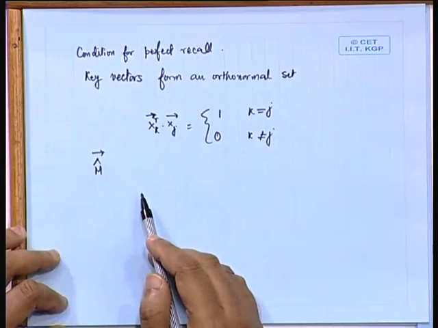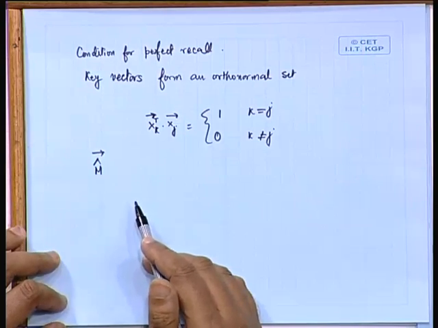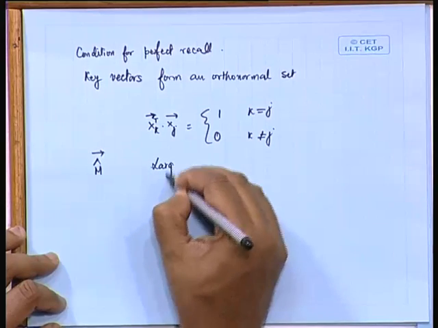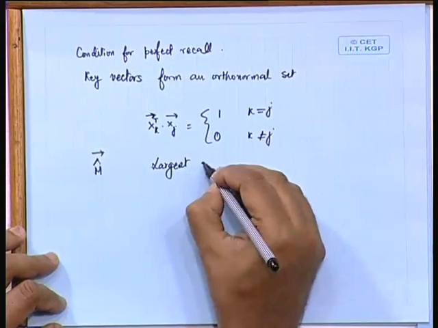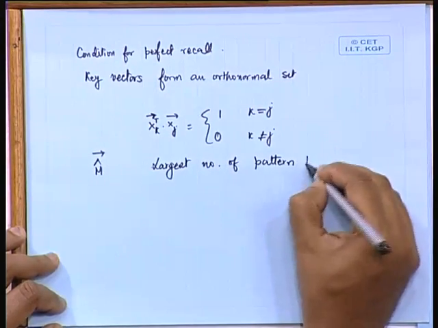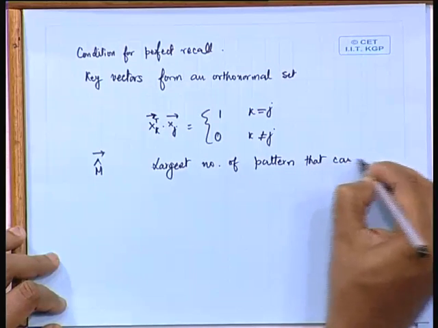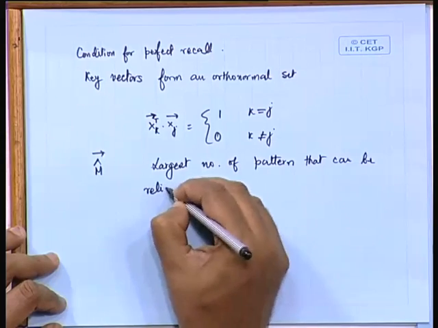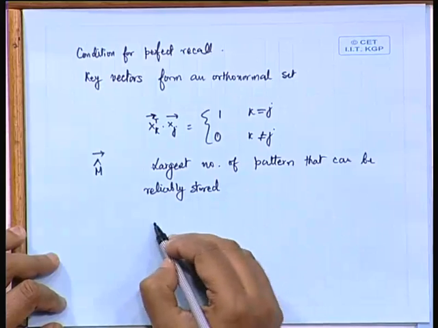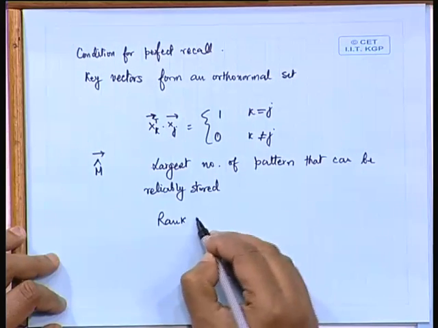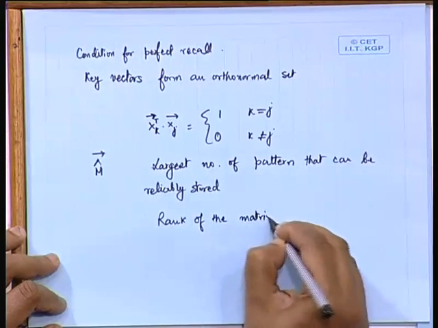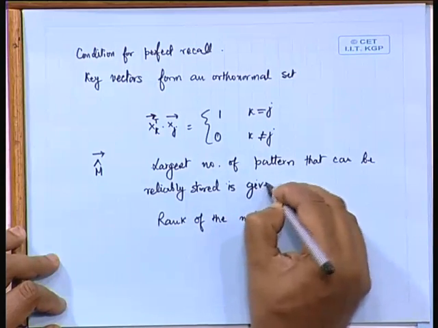And now, for the matrix M cap, the largest number of patterns that can be reliably stored is given by the rank of the matrix M. So, let us remember this.